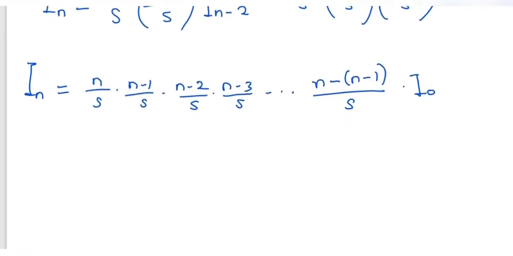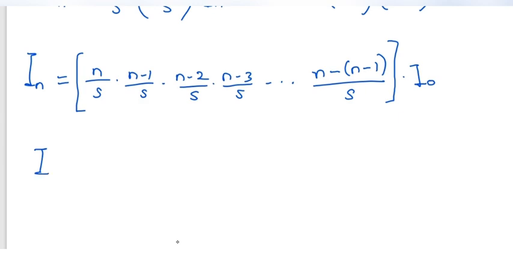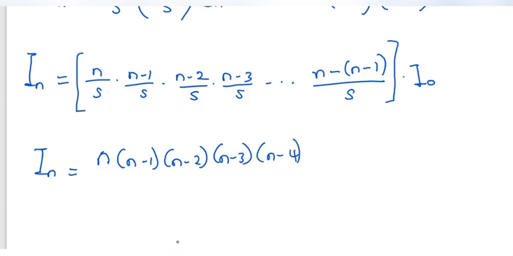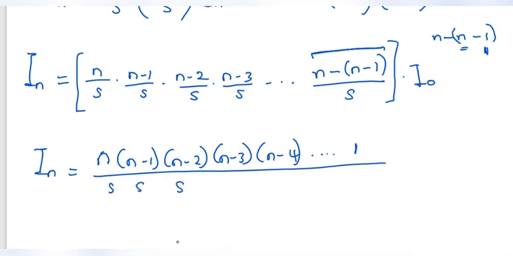Alright guys, if you just pick this, it is going to give us I_n equals n times n minus 1, n minus 2, n minus 3, n minus 4, down to 1, all over s to the power of n, multiplied by your I naught.